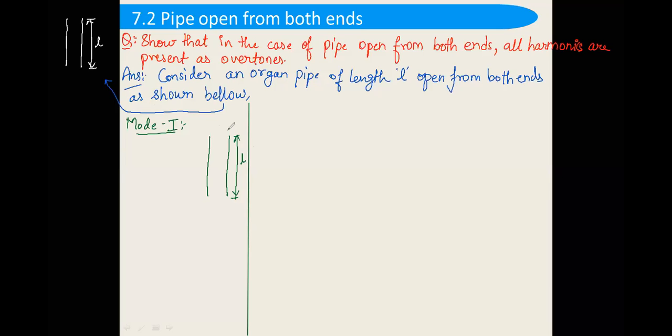What do you think should be present at the endpoints, nodes or antinodes?